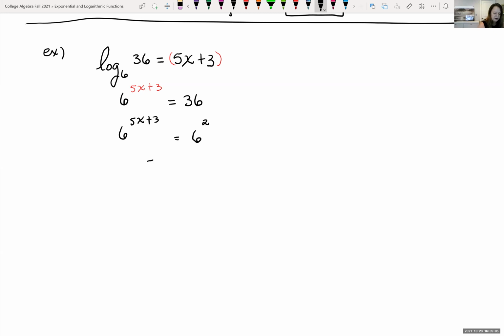Now the bases are the same, so our exponents, 5x + 3, have to equal 2. Let's solve for x, subtract 3 on both sides. We get 5x equals -1. Then divide by 5, x is equal to -1/5.